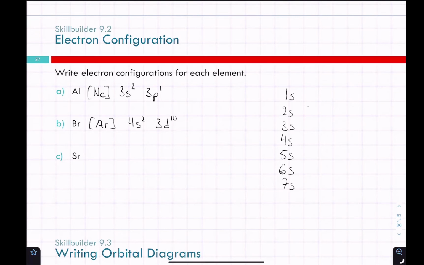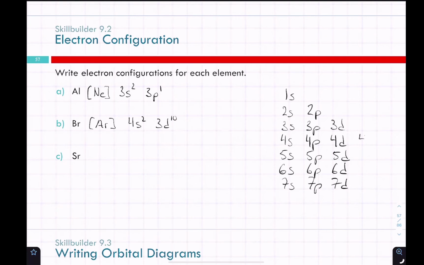And then in the next column, it's 2p, 3p, 4p, 5p, 6p, 7p. And then it's 3d, 4d, 5d, 6d, 7d. And then it would be 4f, 5f, 6f, 7f. And then you read it on the diagonal.